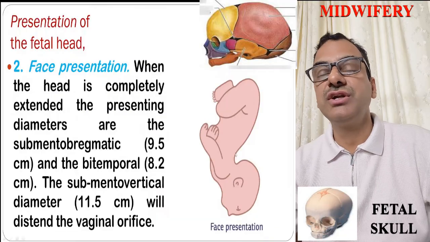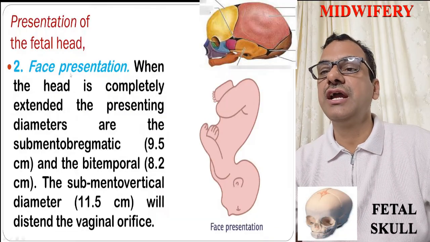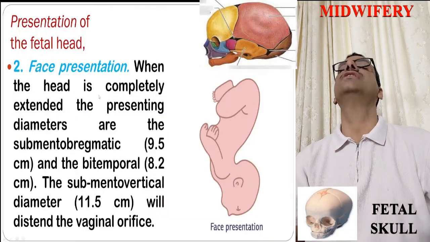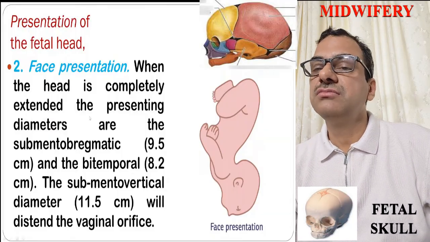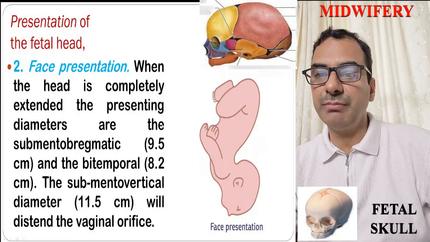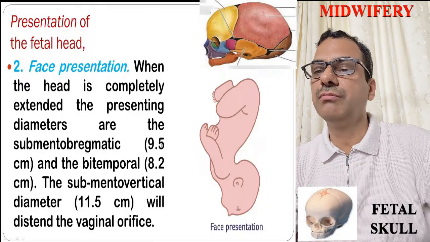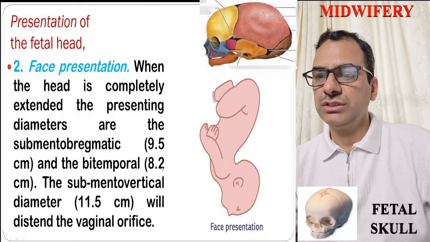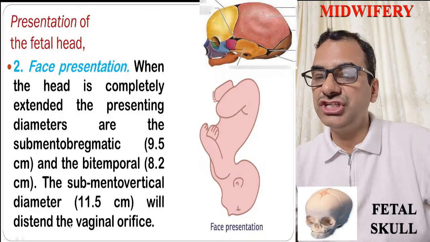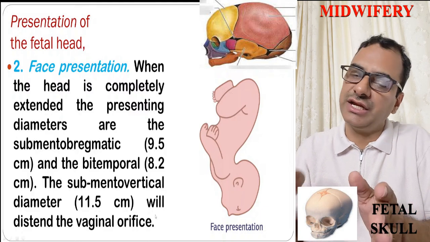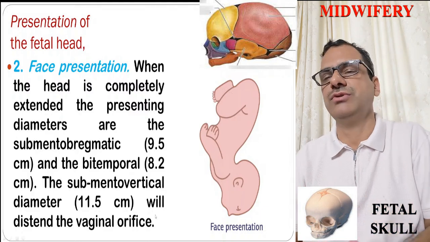And what is face presentation? When the head is completely extended like this, then the presenting diameters will be submentobregmatic and bitemporal. The submentovertical diameter will distend the vaginal orifice and help in the delivery process.